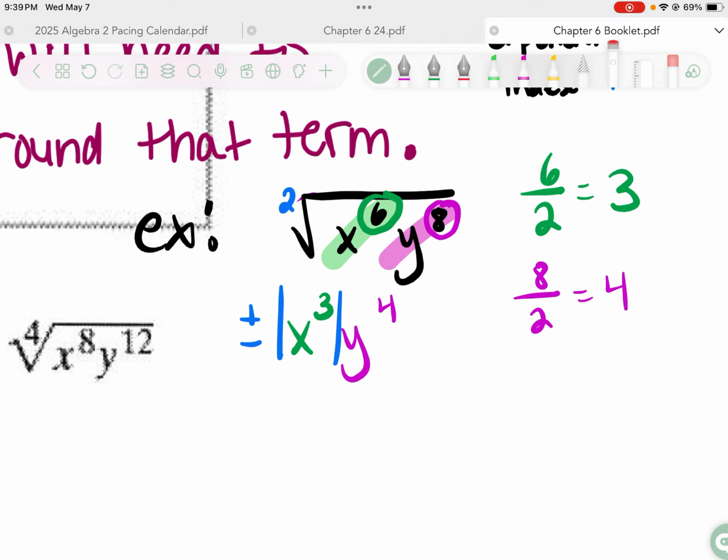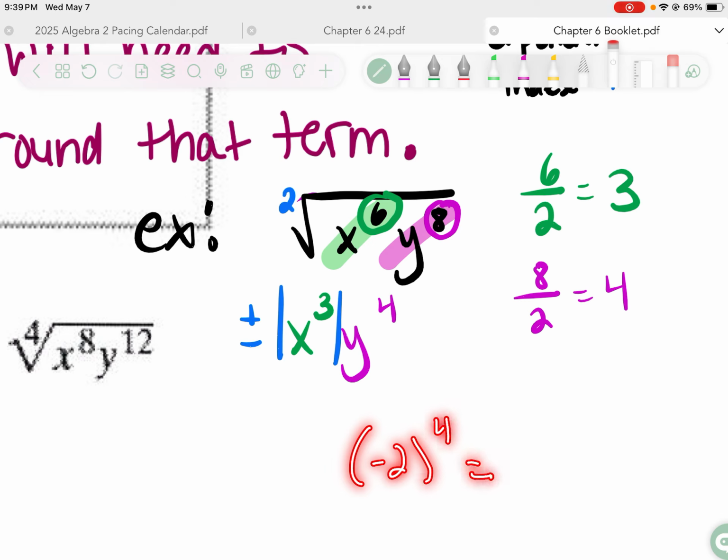And the reason for this property is because the inside is x to the 6th, we know that whatever x is, when you raise it to an even number here, it's always going to give you a positive value, right? Like think about it. Negative 2 to the 4th.